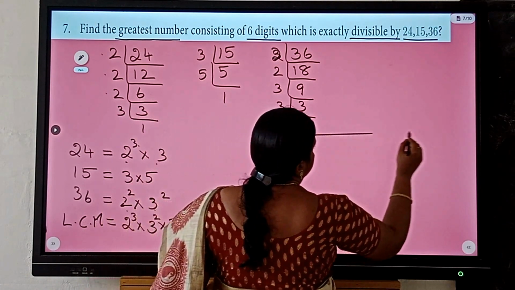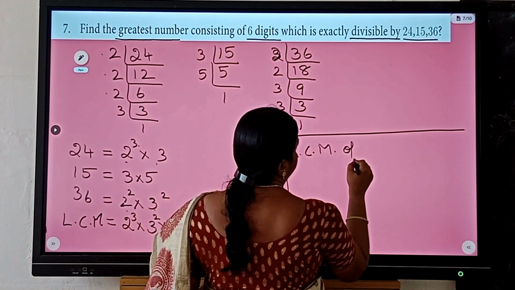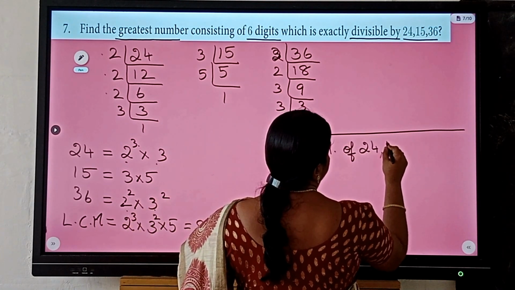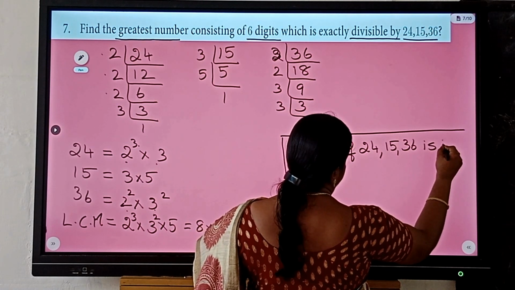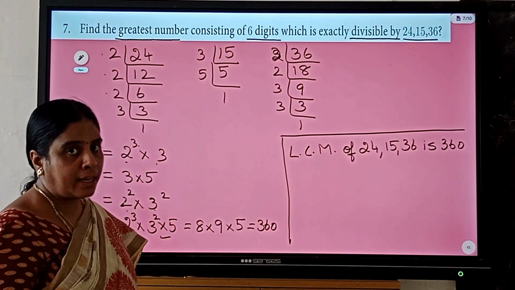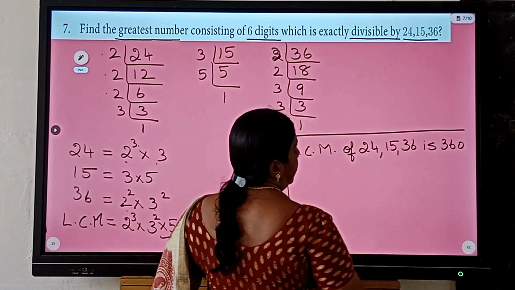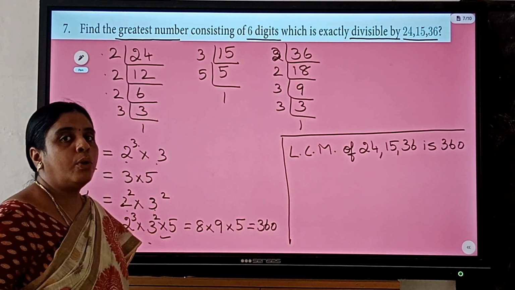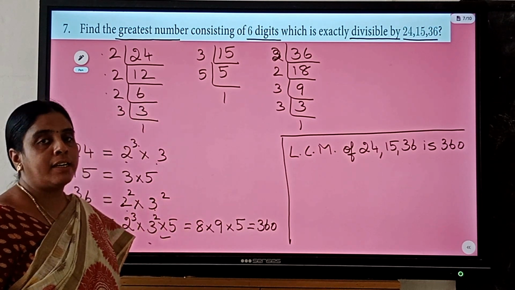So this is the LCM of 24, 15 and 36. The LCM of 24, 15, 36 is 360. Now we are going to find the greatest 6-digit number which is going to be divisible by 360. So using this, we are going to find the greatest 6-digit number.